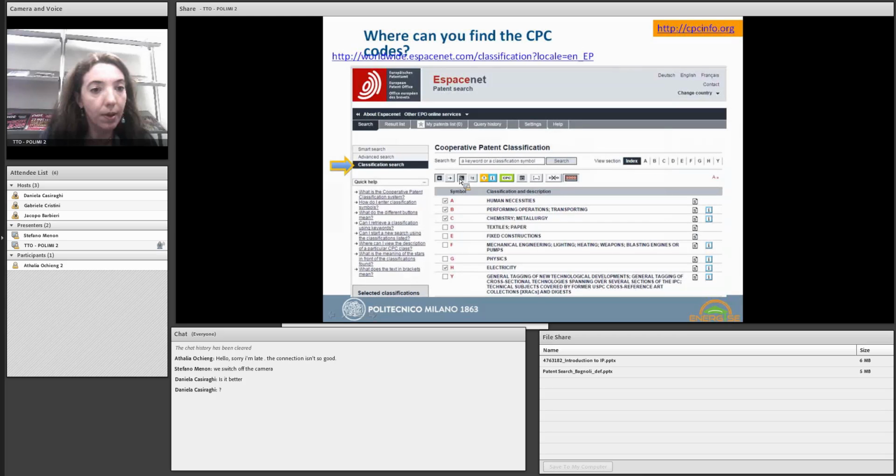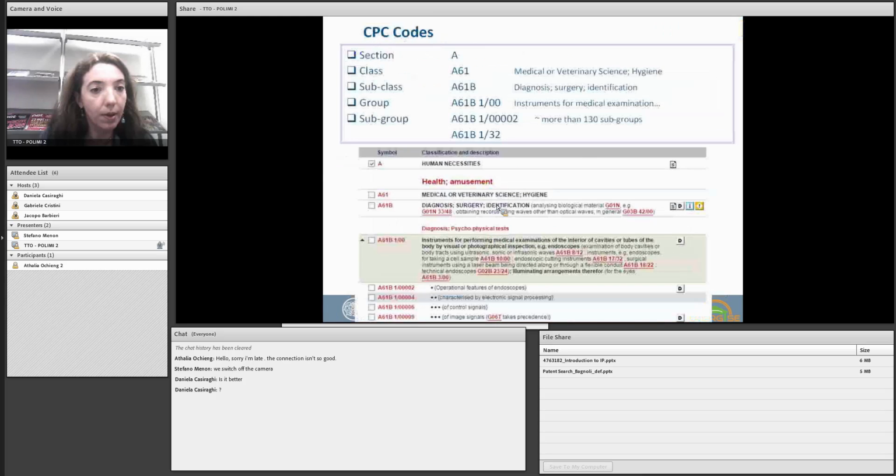When you enter the website, you find here the classification search, and then you can click on each of these sections and read which are the subclasses.